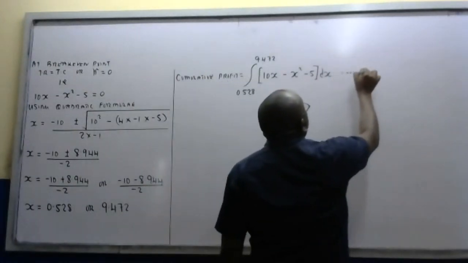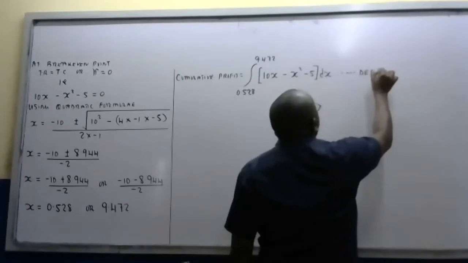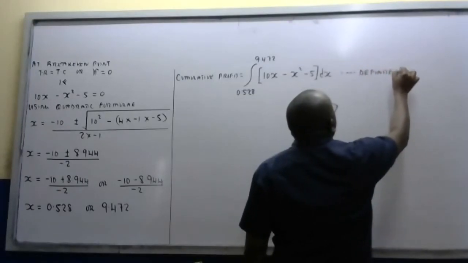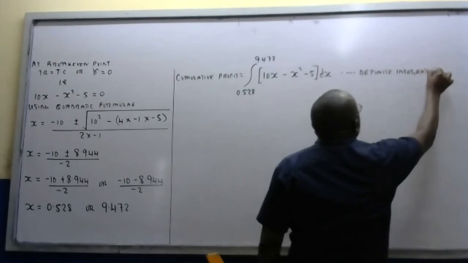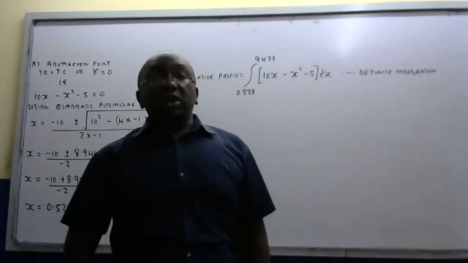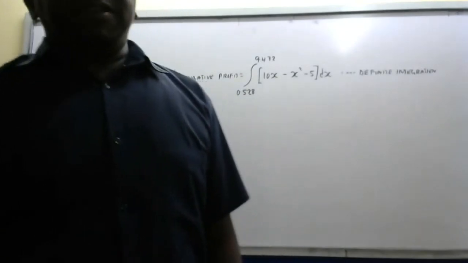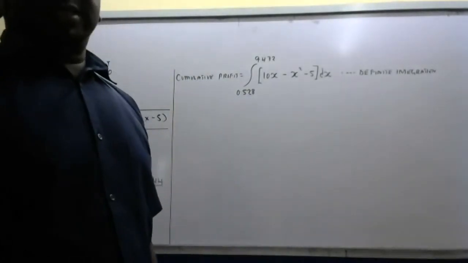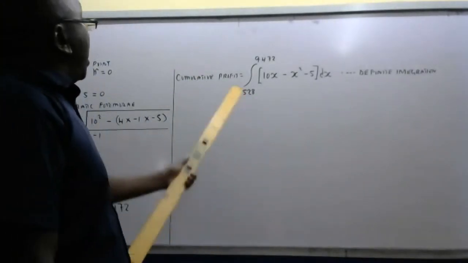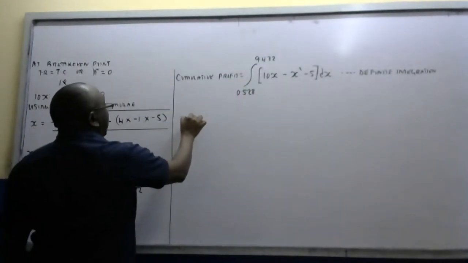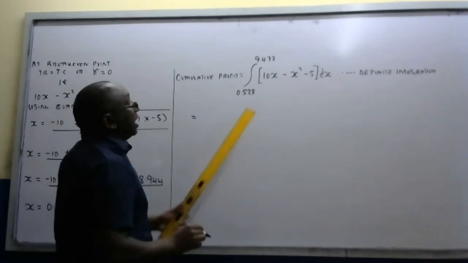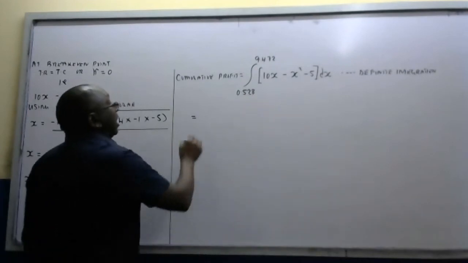When you get the book, you will check definite integration. The other one we did was called indefinite. It had no limits. So this one has limits. You just integrate as we normally say.